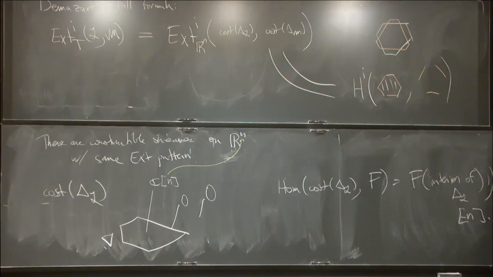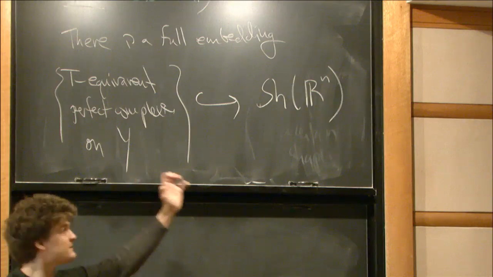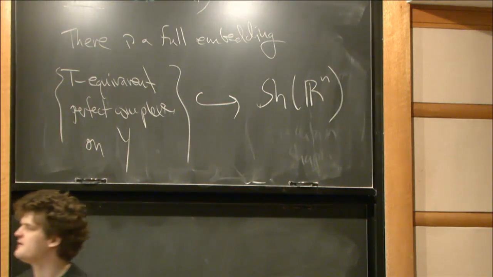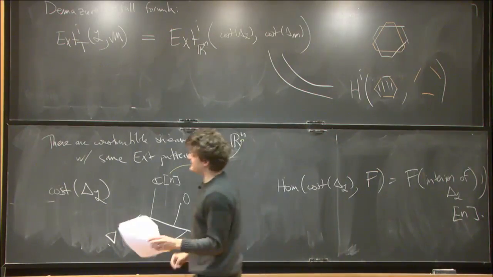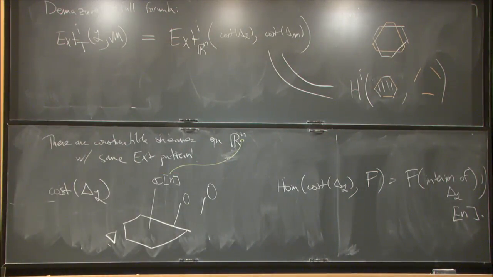So in particular, that sends a line bundle to the costandard sheaf on a polytope and identifies the Homs between them in this Des Mausure style.